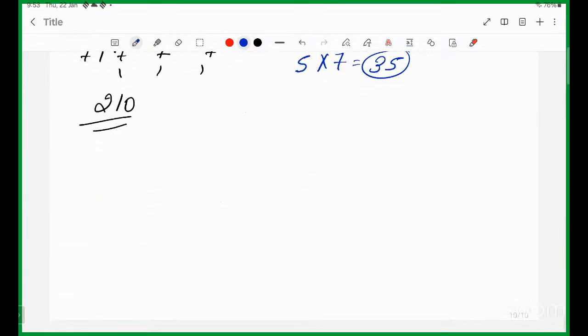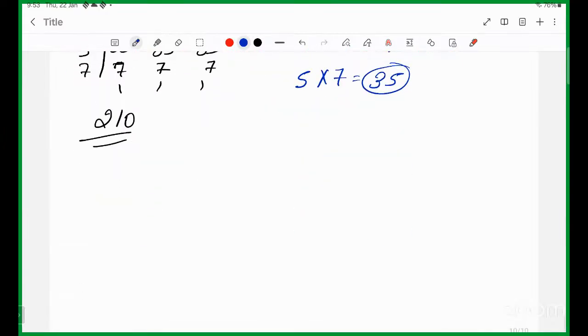Okay. If numbers are given in fractions, then how do we find the HCF and LCM of them?